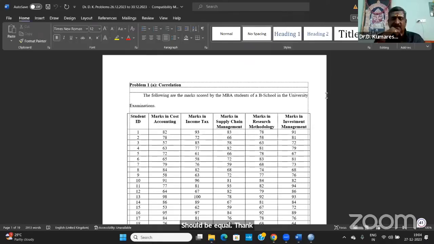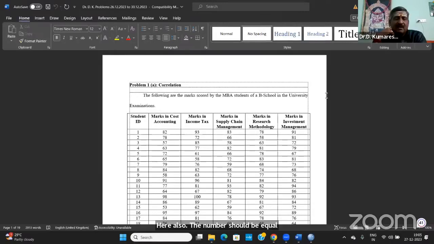Like in the correlation, we saw that the number of students was 20, 20, 20, 20 for all the marks, the same students, of course. So 20. Here also, the number should be equal.